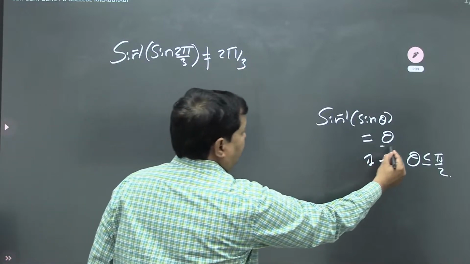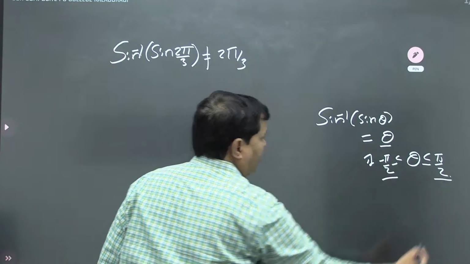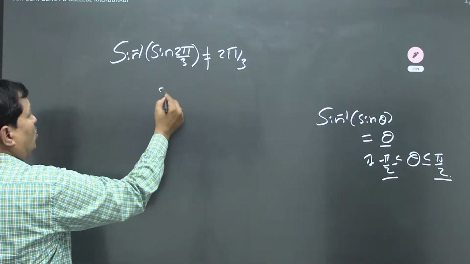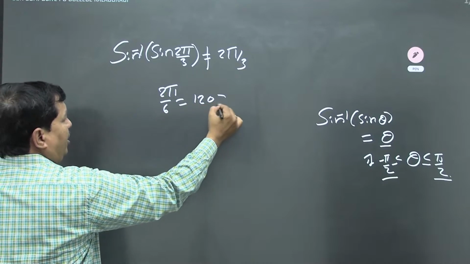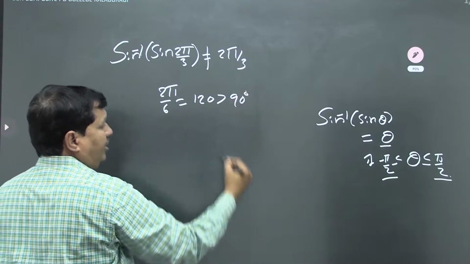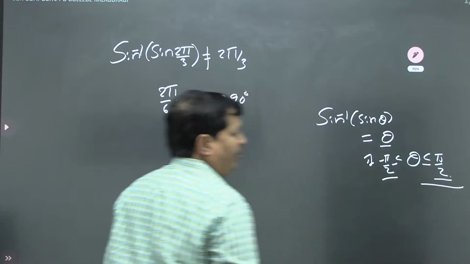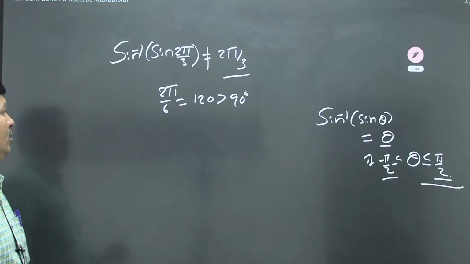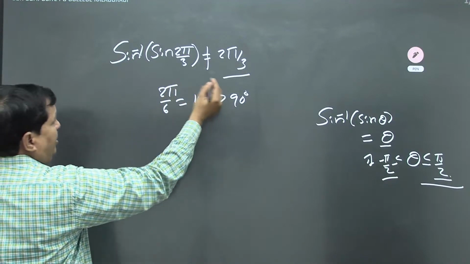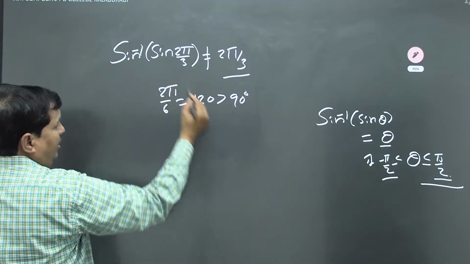Because theta should lie between minus pi by 2 to plus pi by 2. 2 pi by 3 equals how much? 120 degrees. It is more than 90 degrees. It means it exceeds pi by 2, then you cannot write 2 pi by 3. That is why you have to make that angle lie in minus pi by 2 to plus pi by 2.